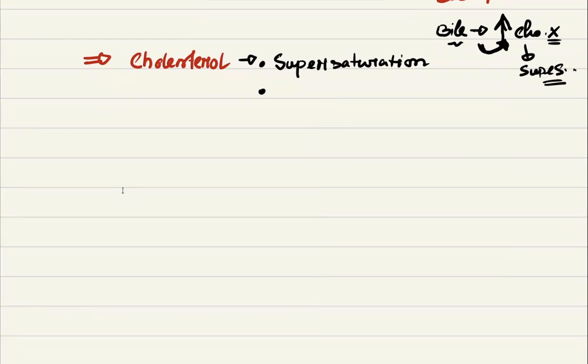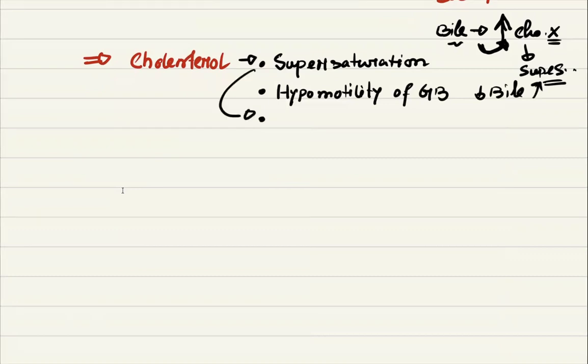So hypomotility of the gallbladder means lack of bile. If there is a supersaturation, then it can initiate crystal formation.